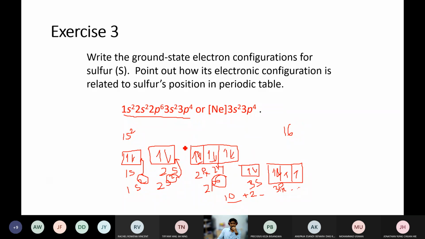Okay, so now we see that there are another 4 from 3p, and altogether it makes 16 electrons. Now what is the last orbital that has electrons available? It is p, right? Since it is p, it will be in the p block of the periodic table, isn't it?